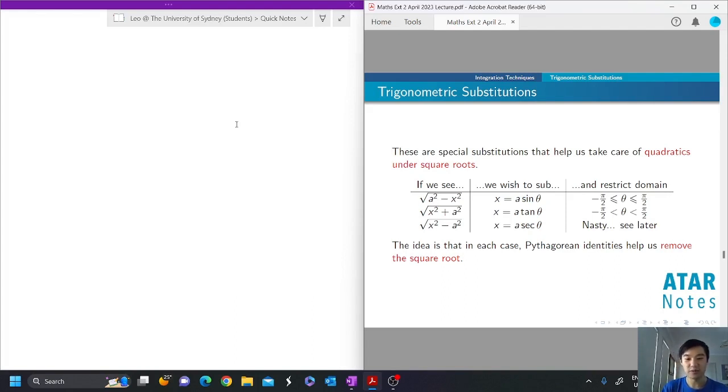But with these trigonometric substitutions, sometimes when we have a square root of a squared minus x squared, or x squared plus a squared, or x squared minus a squared, a smart substitution you might have to do is using a trig substitution, because these will allow us to use Pythagorean trig identities to get rid of the square root.